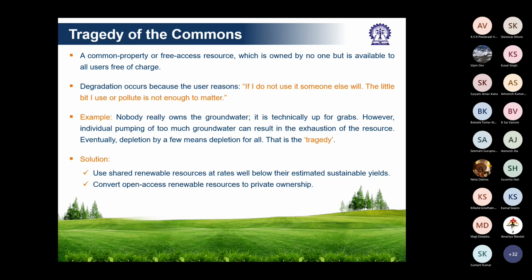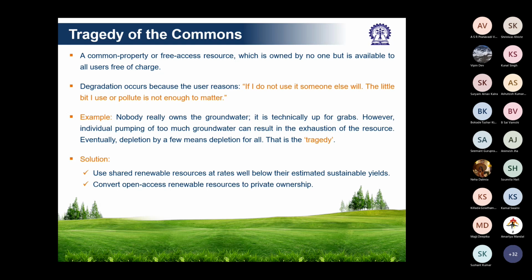Okay, so this brings us to the next concept that is called the tragedy of the commons. So basically what we are doing, we are environmentally degrading many openly shared renewable resources. So in 1968, biologist Garrett Hardin called such degradation the tragedy of the commons. Now, what is this tragedy of the commons? So tragedy of the commons occurs because each user of a shared common resource or open access resource reasons that if I do not use this resource, someone else will.